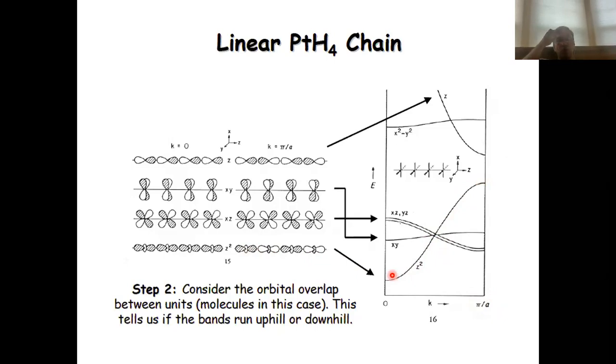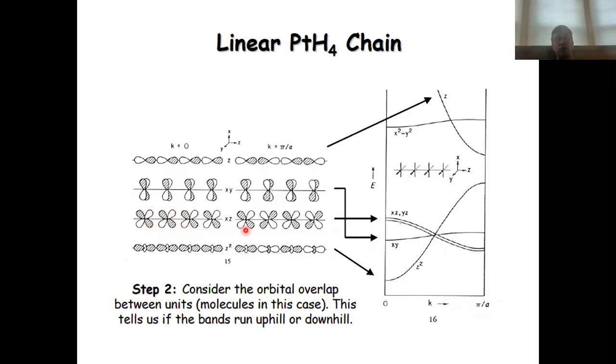So now what about the dxz orbitals? So you see that the dxz orbitals overlap in a pi fashion. So at k equal to 0, we do not alternate the algebraic sign of the wave function. We see that this leads to the most interbonding interaction possible.